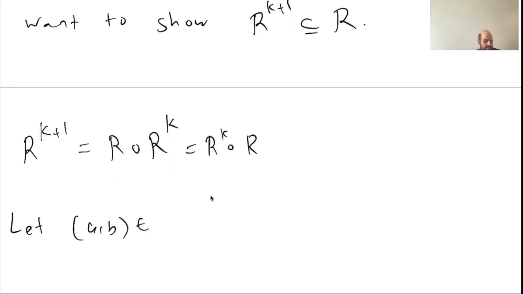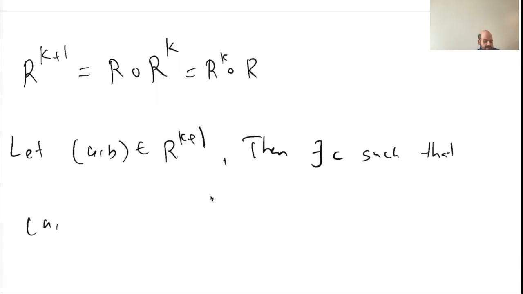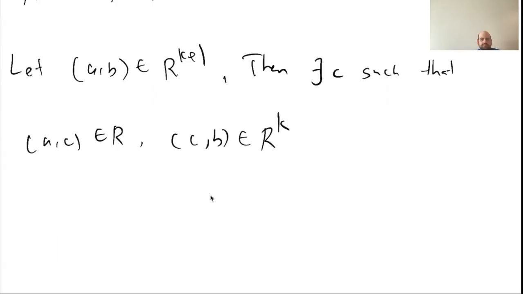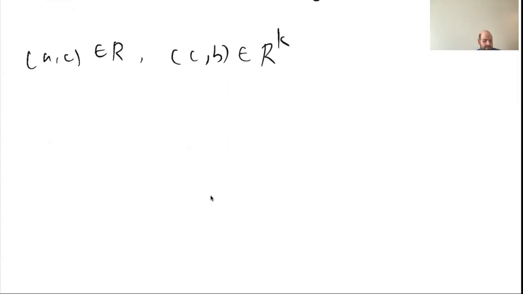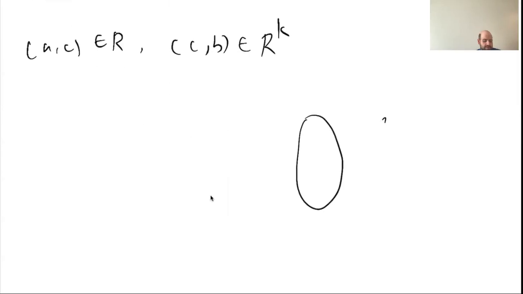Let (a, b) be in R to power k+1. Then what can I say? Then there exists c, right? Such that (a, c) is in R, and (c, b) is in R^k, right? This is again, remember the definition of composition of two relations.